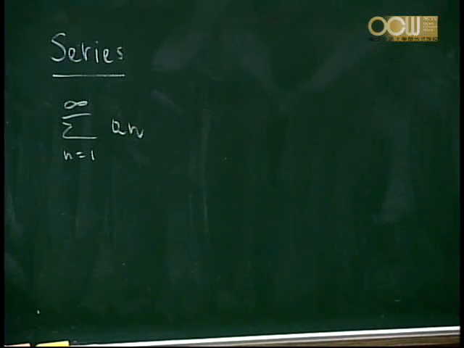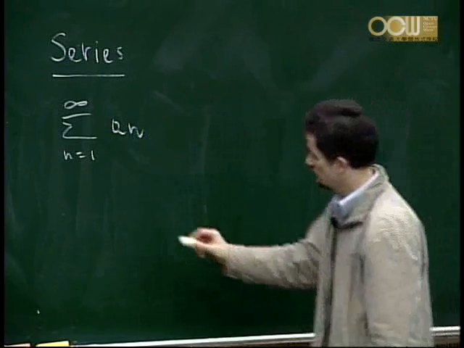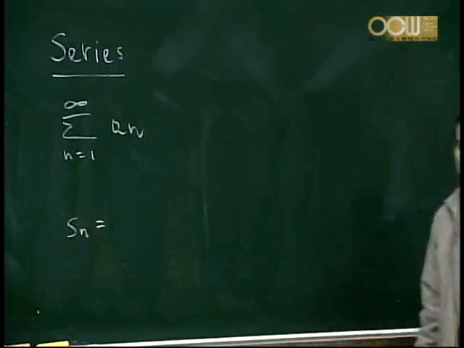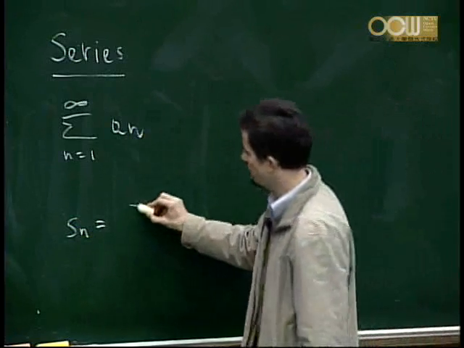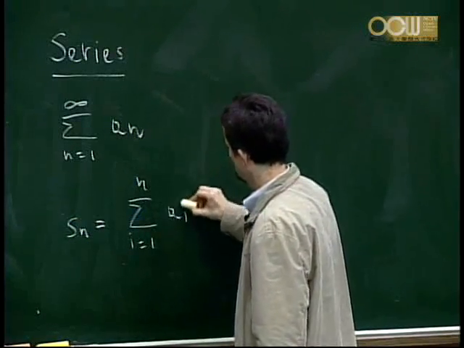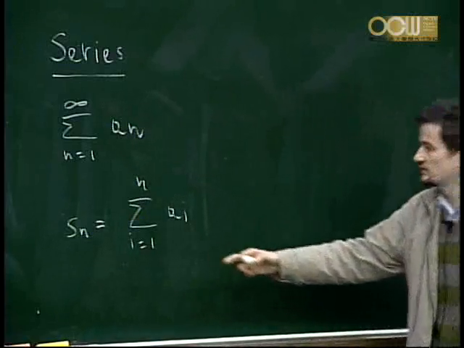Now, last time I already explained to you the meaning of this object. What we actually do is look at the partial sums. So we sum the first n terms and look at this sequence.